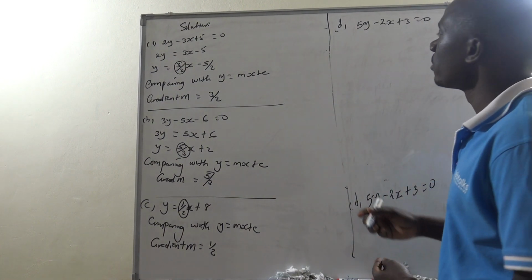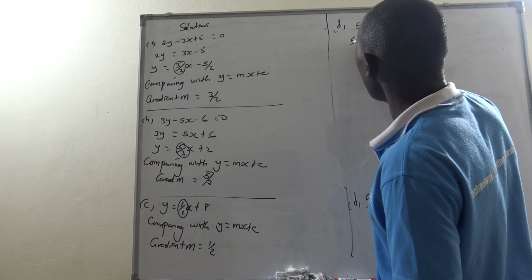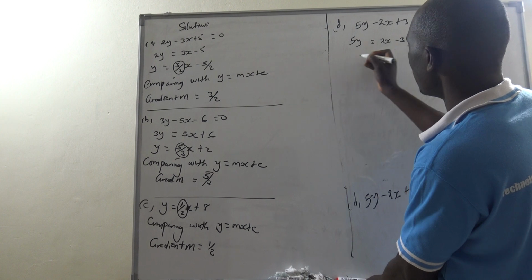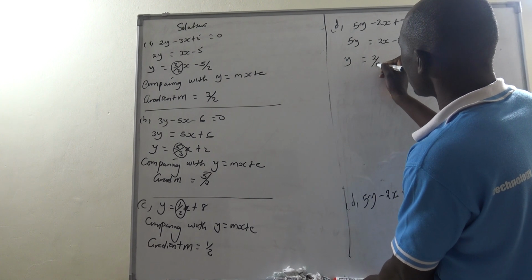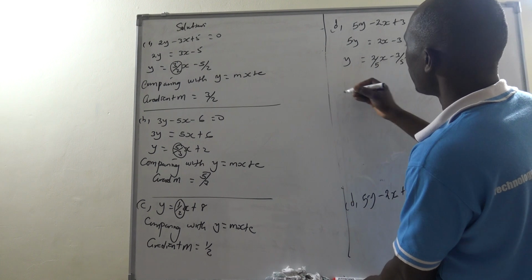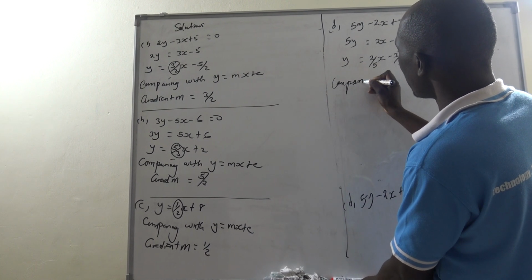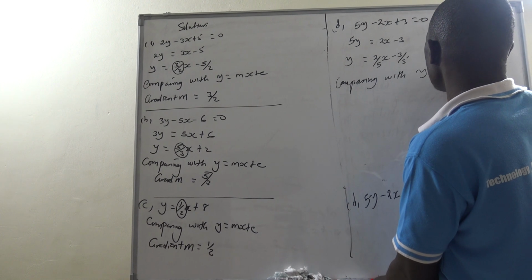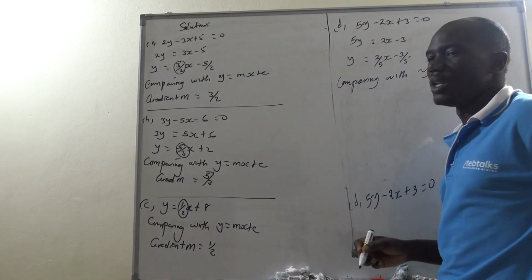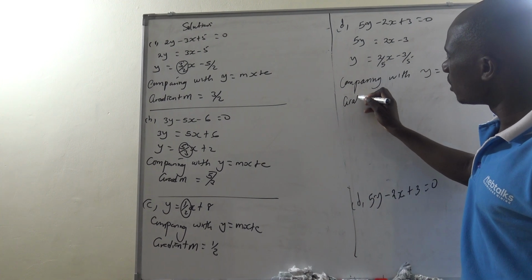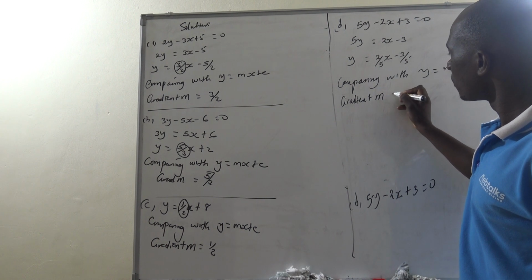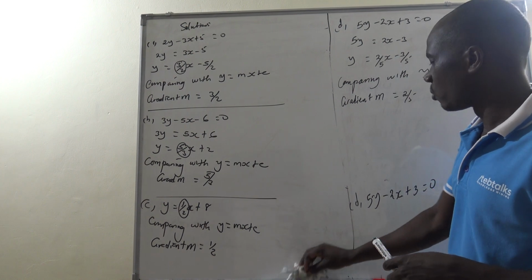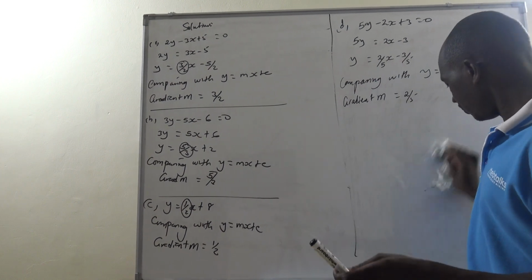Still making y the subject, we have 5y equals 2x minus 3. So y equals 2 over 5 x minus 3 over 5. Comparing with y equals mx plus c, the gradient m equals 2 over 5.